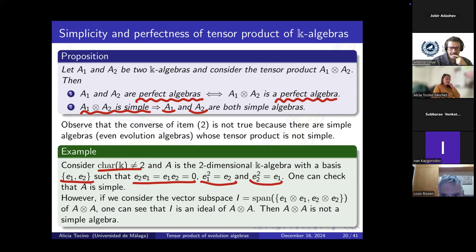It can be checked that A is simple. However, in the tensor product algebra, we can construct this ideal, and it can be proved that it is an ideal of the tensor product. So the tensor product is not a simple algebra.